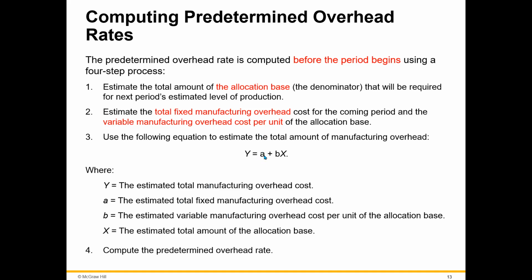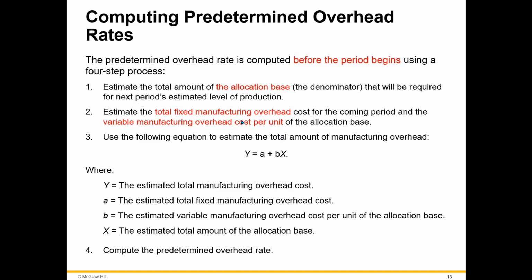So depreciation, supervisors' salaries, insurance, property tax. All fixed items, adding them together. Then for the variable part, like the usage charge of your electricity, the gas or water, or some other variable items, we need to estimate the rate.